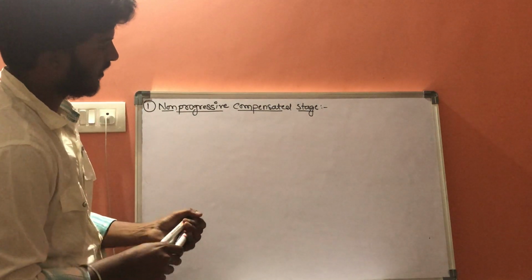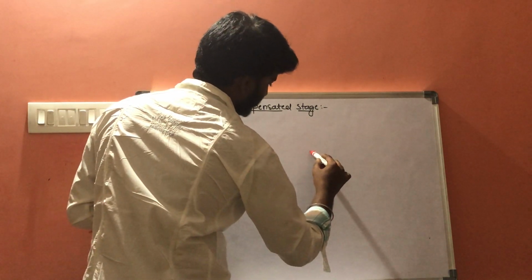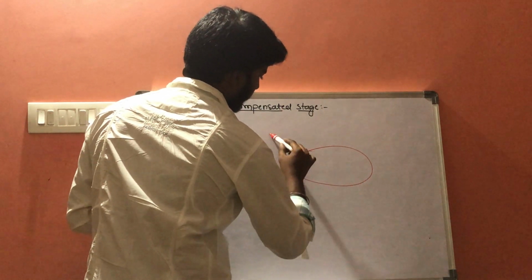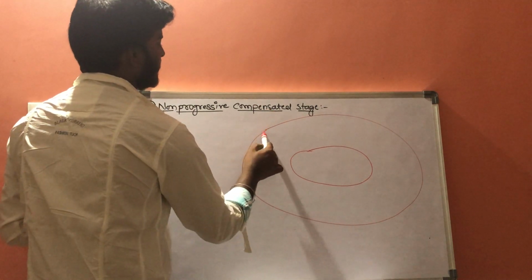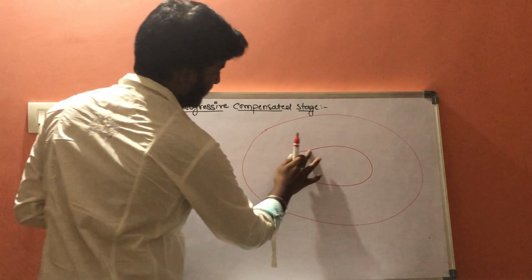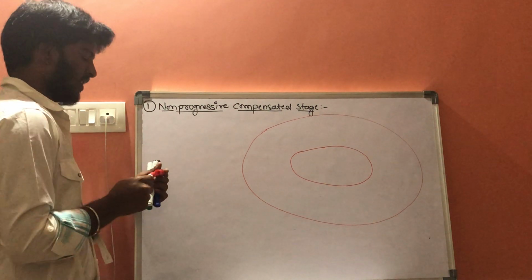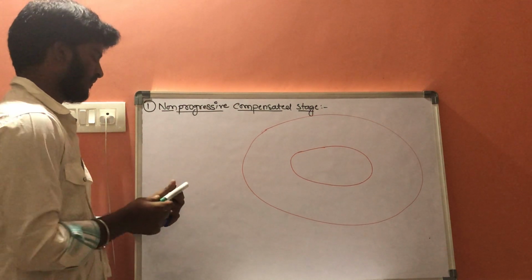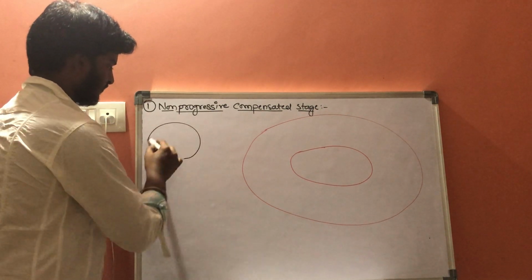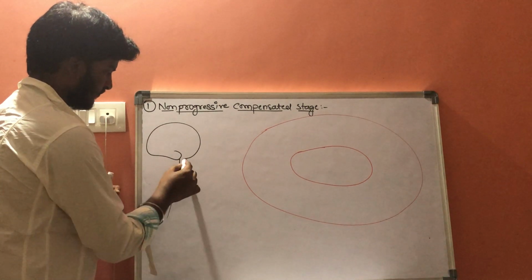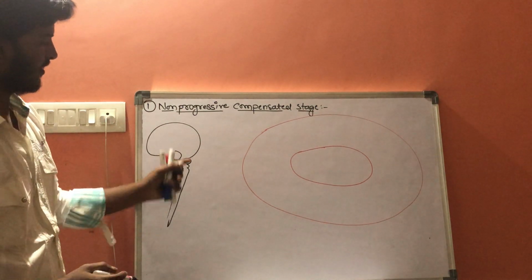So let us consider this is his circulatory system, and this is his central nervous system.